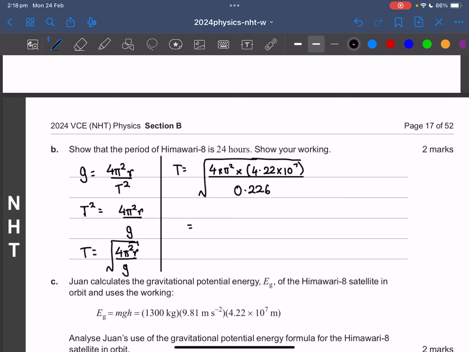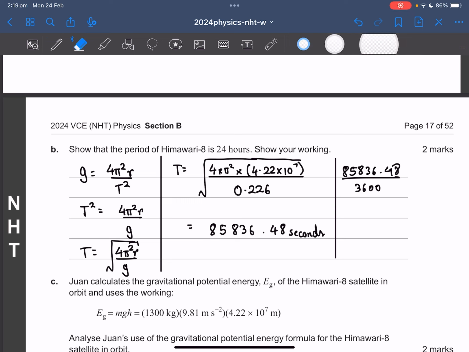That gives us 85,836.48 seconds. Now we convert it into hours, so we just divide by 3600. 85,836.48 divided by 3600, and we get 23.84, which is roughly 24. So roughly 24 hours.